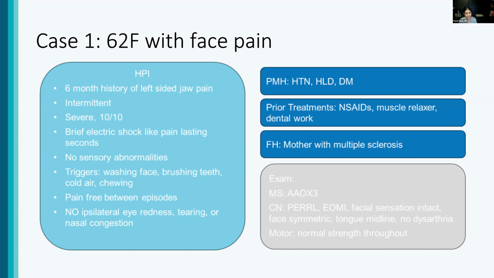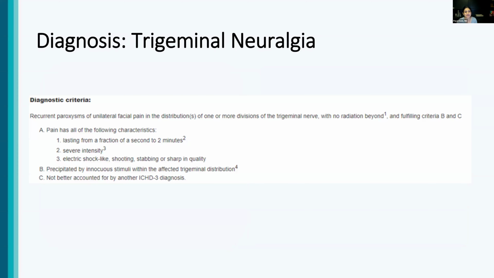There are these more rare primary headache disorders like cluster headache and paroxysmal hemicrania that can sometimes be misdiagnosed as trigeminal neuralgia because they involve pain in the face. But usually these will be associated with autonomic symptoms. So this patient notably does not have this. If you didn't figure it out by now, this is a case of trigeminal neuralgia.